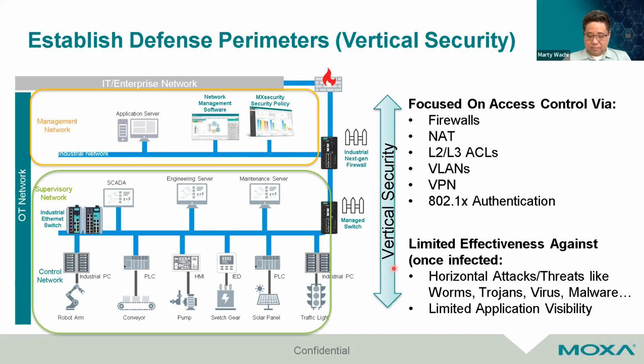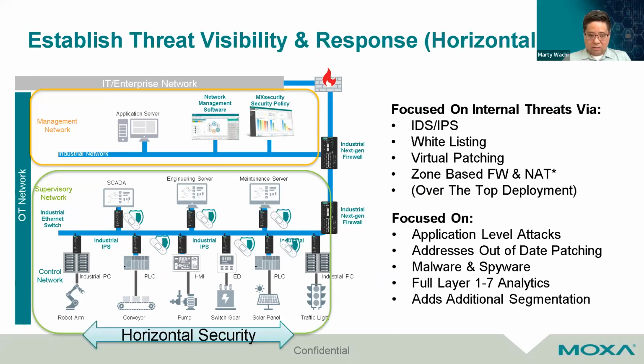But one of the weaknesses of this approach, from a vertical security perspective, is it doesn't give you that application level visibility. So that's where some of our new products come into play, and we'll talk about them in just a minute. Basically, introducing the ability to have industrial intrusion prevention and detection at the edge of your network, being able to do things like virtual patching, like the IDS IPS that we talked about, that layer 7 visibility into the network.